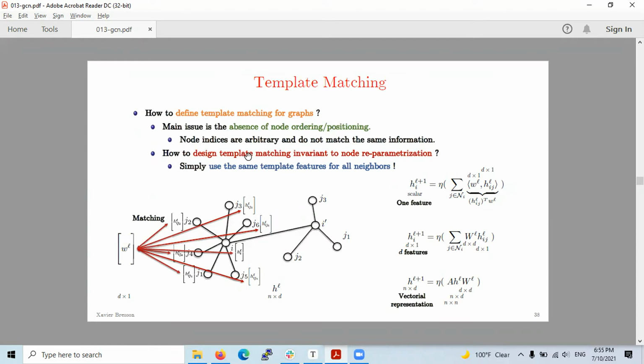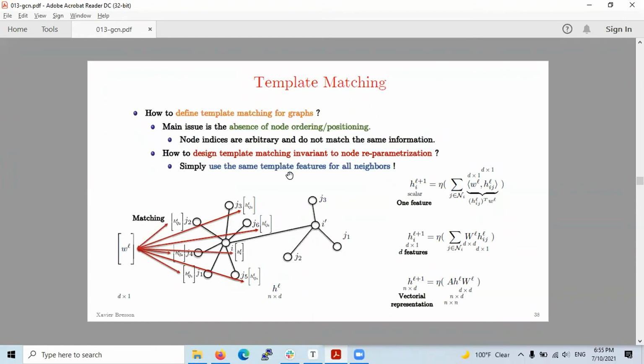For someone it could be the first node, for someone else the 10th node. So there is no ordering of nodes or fixed position for a node, and that's why it's not the same information when you do convolution.